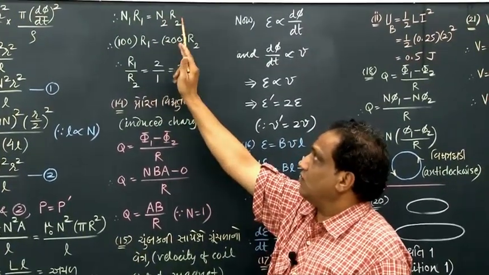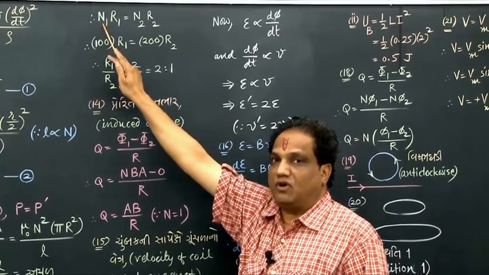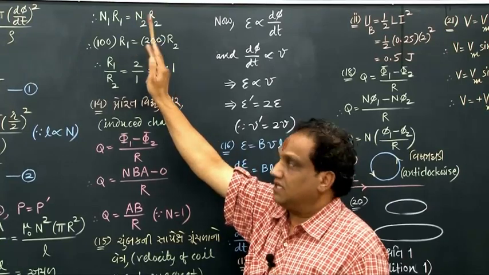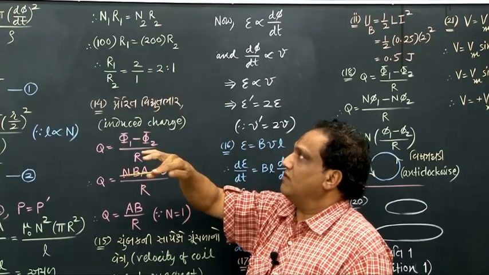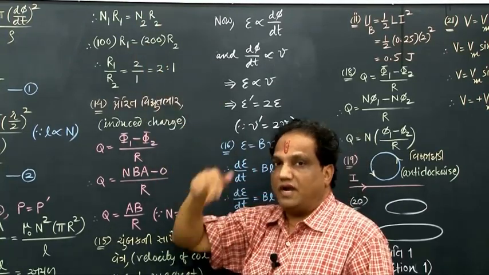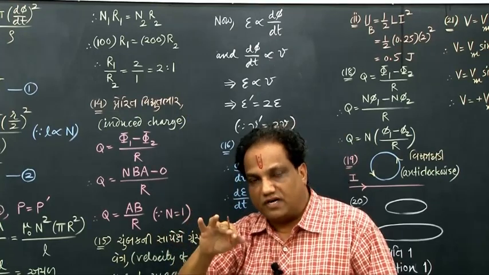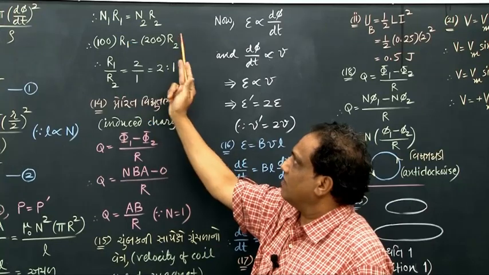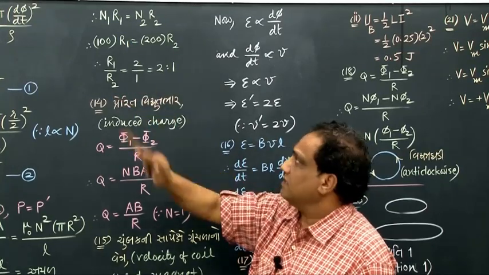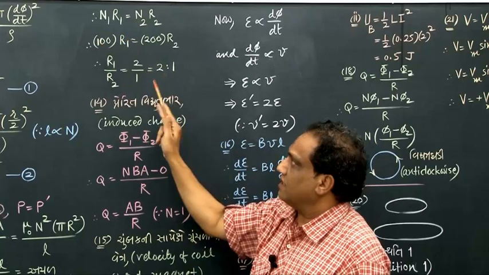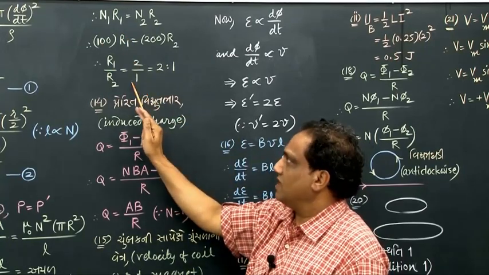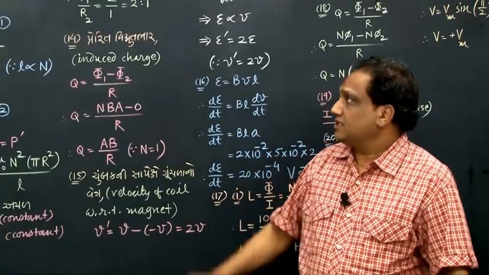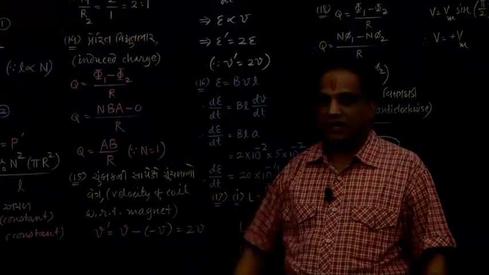The number of turns in the first case they have given as 100, and in the second case 200, and they have asked the ratio of radius of cross section of the inductor in both the cases. The ratio r1 upon r2 will be 200 upon 100, that is 2 upon 1, that is 2 is to 1. Now read the statement of number 14.